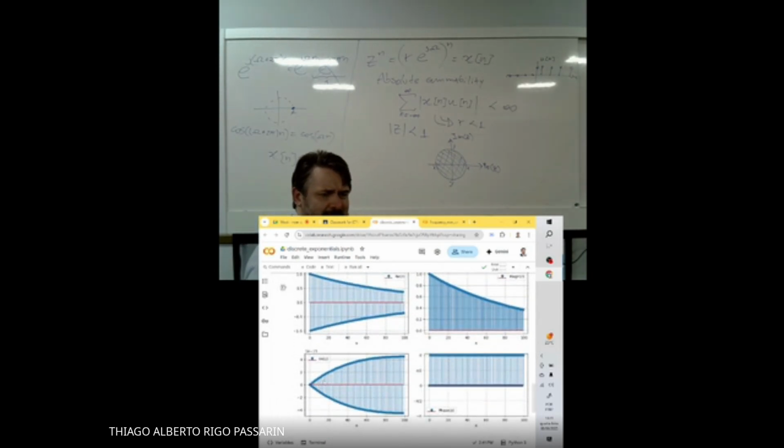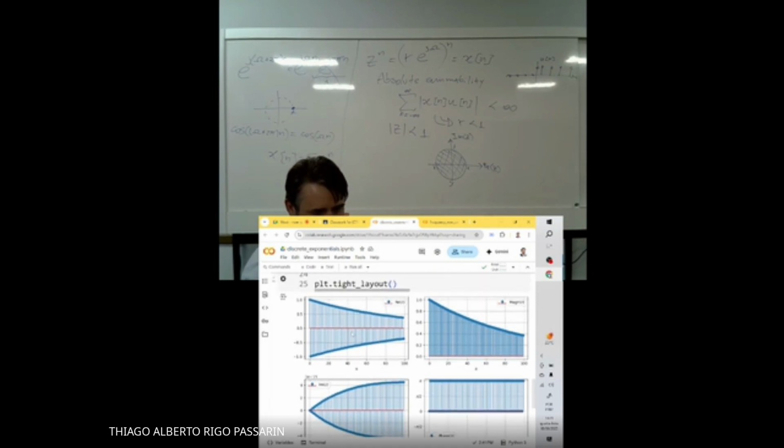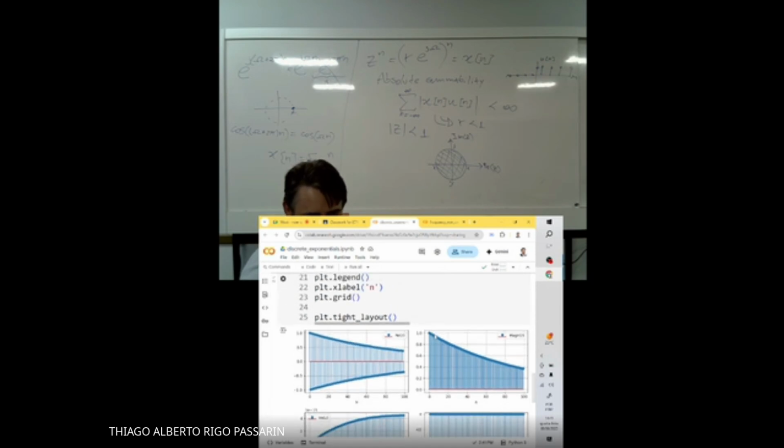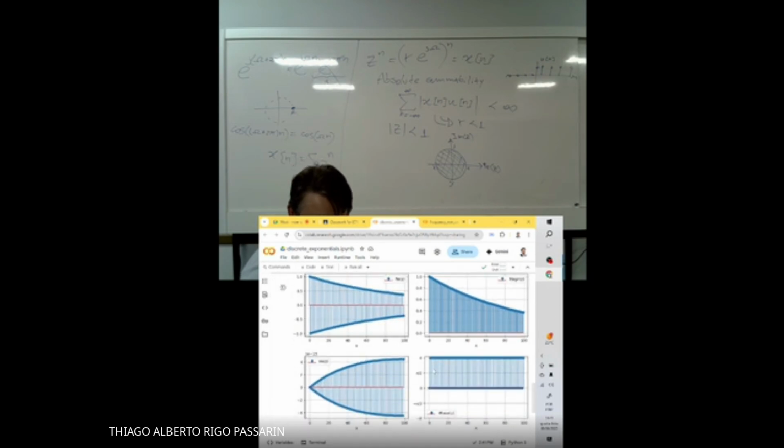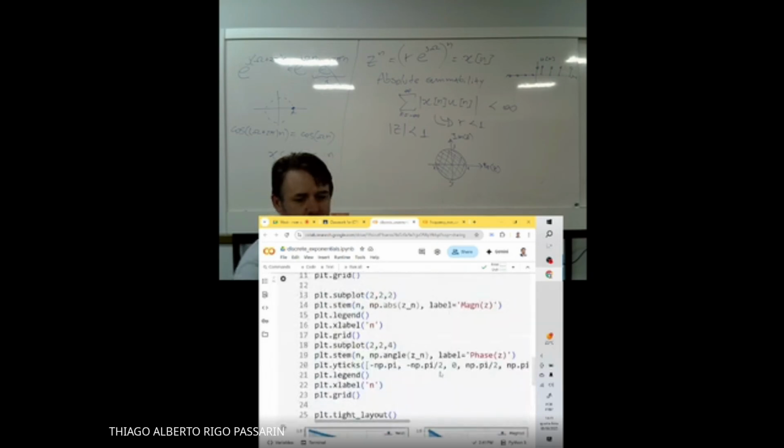Whatever it is multiplied by 10 to the minus 15, it's 0. So we have a purely real signal here. This is just numerical residual. The phase here alternates between 0 and pi, positive and negative.